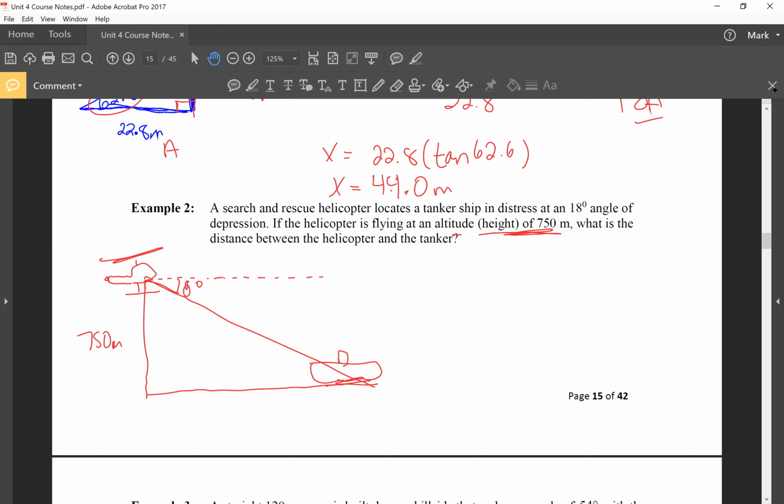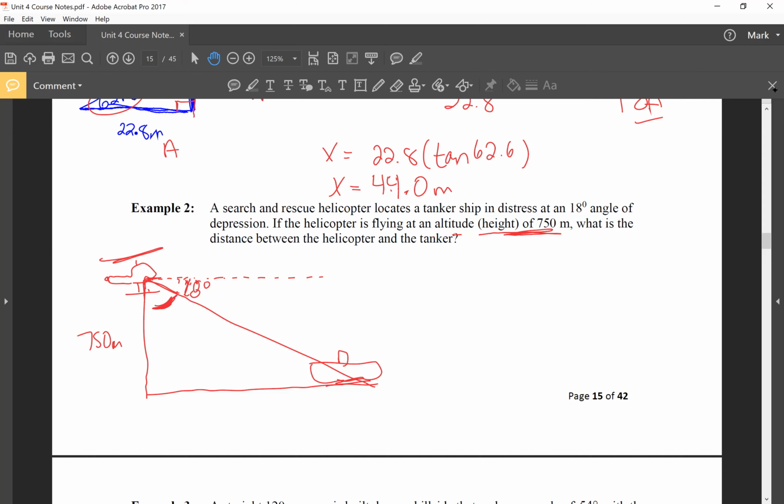This is a tricky one. You won't see one like this on the exam. And the only reason you wouldn't see one like this is, can anybody tell me what this angle in here is? This is just to see if you guys are kind of awake right now. This is a challenging one. So we have 18 degrees.